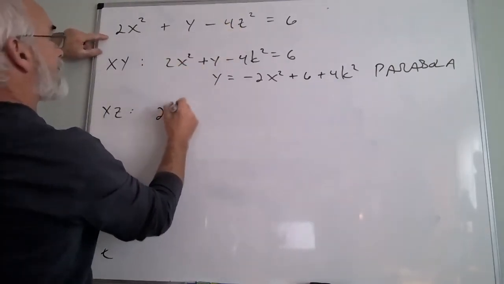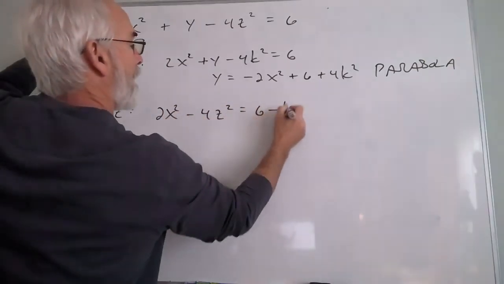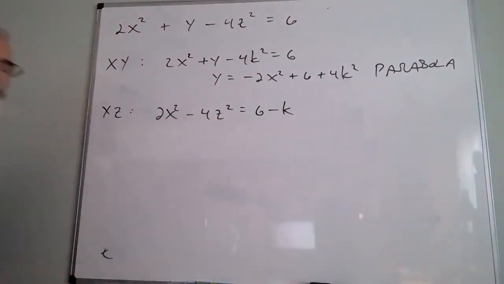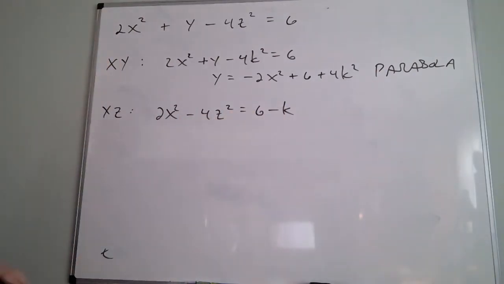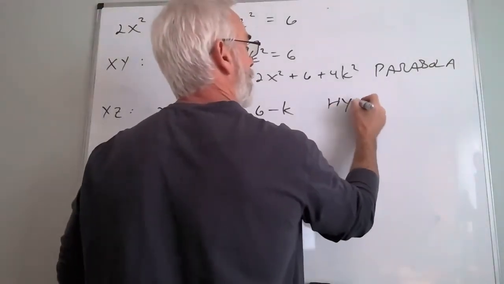Now I have 2x squared minus 4z squared equals 6 minus k. Now, because this is a difference of squares, it doesn't matter whether this quantity is positive or negative, or even 0. So that clearly is a hyperbola.